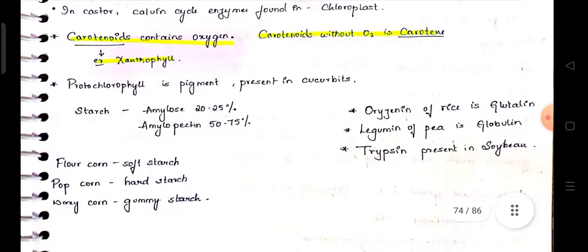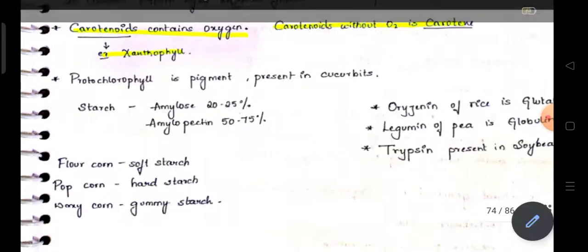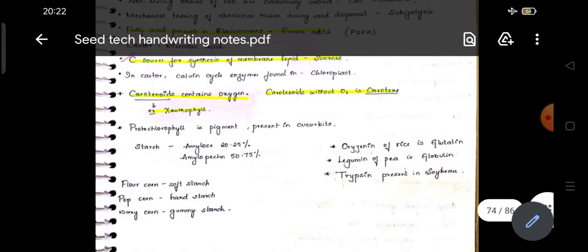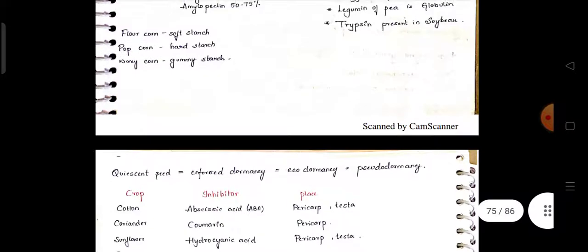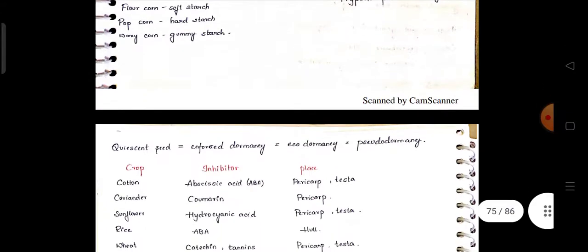Origin of rice is glutelin, legumin of pea is globulin, and trypsin inhibitor is present in soybeans. Waxy corn has gummy starch. Popcorn has hard starch. Flour corn has soft starch.